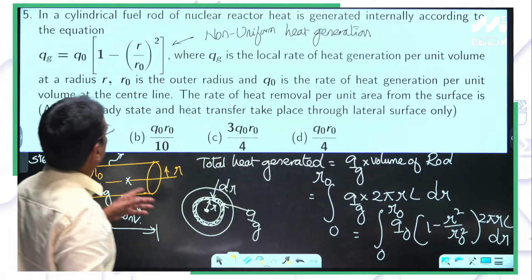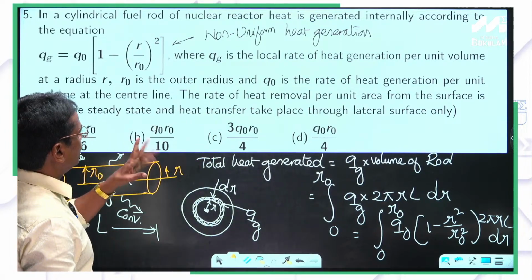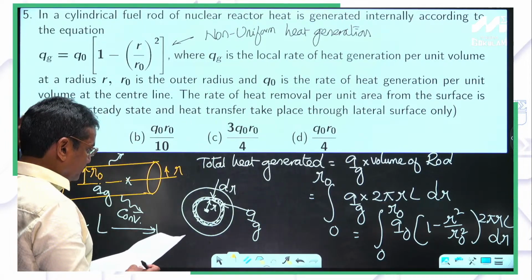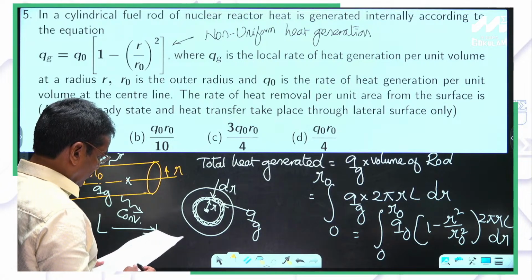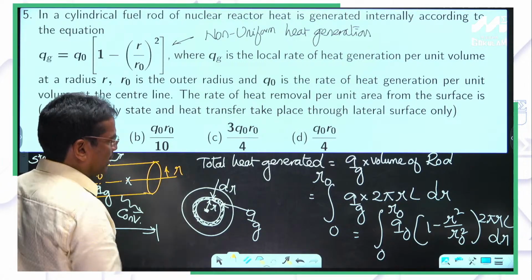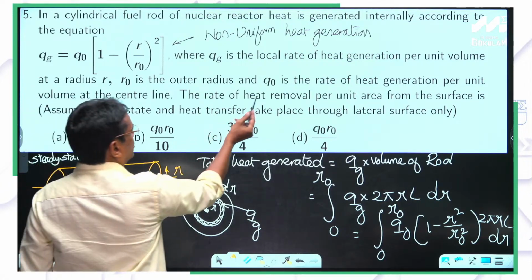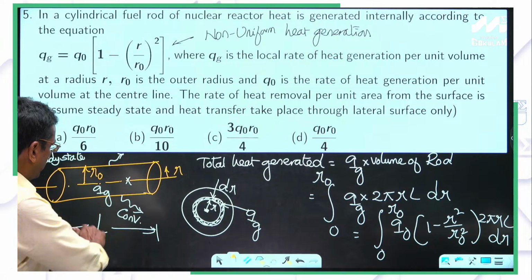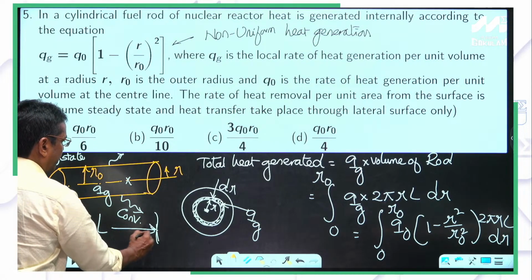If the length is not given, you can take per unit length, because heat transfer rate per unit area has been asked, we can calculate per length L of the rod.